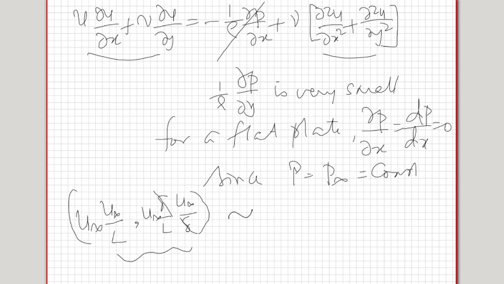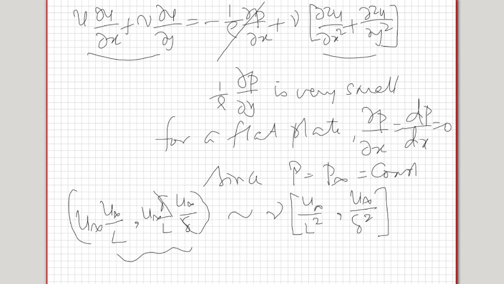Now the right hand side will have the nu, and on this one you will have u infinity divided by L squared, that is the first term, since x is of the order of L. And the second term is u infinity divided by delta squared.